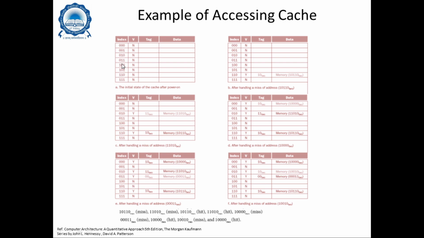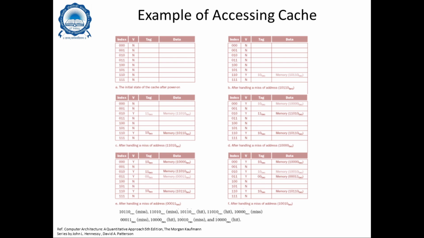So for an 8 entry cache, the lower order 3 bits are assigned for the cache index. So 011 will be the index where the data has to be looked for. If it is there, fine.